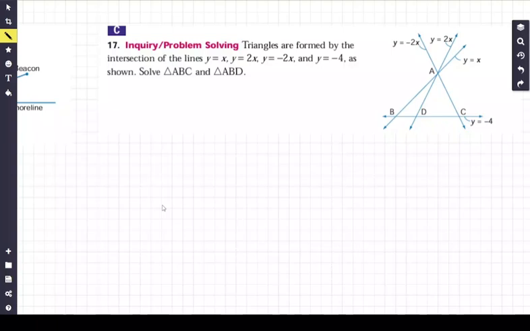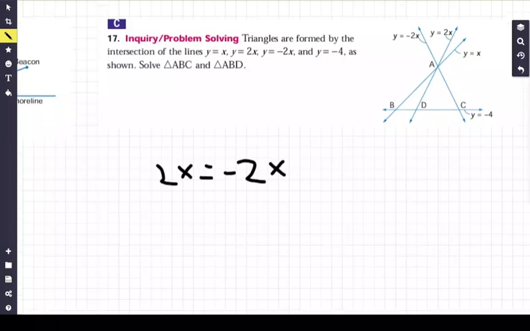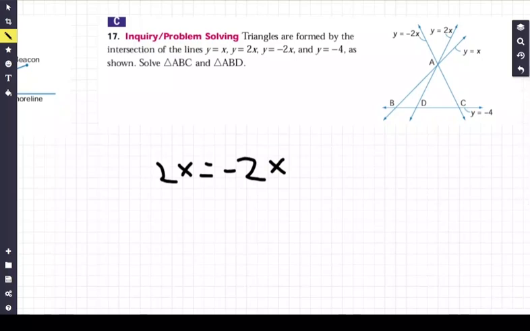First, let's come up with some coordinates. Let's try to find the points of intersection of these lines.